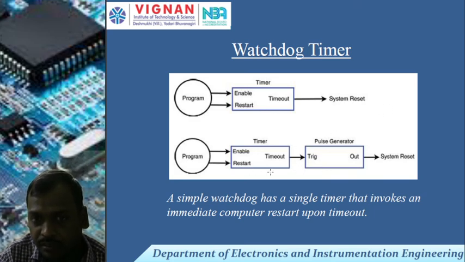Here you can take multiple applications, or a timer, to perform the system reset, or use a pulse generator: whenever a positive trigger comes, the system will reset, otherwise it performs its actual operation. A simple watchdog has a single timer that invokes an immediate computer restart upon timeout.